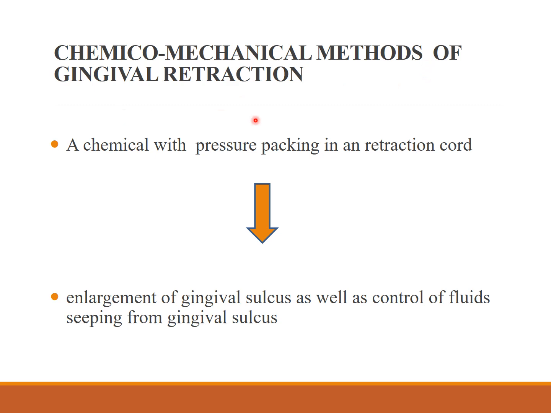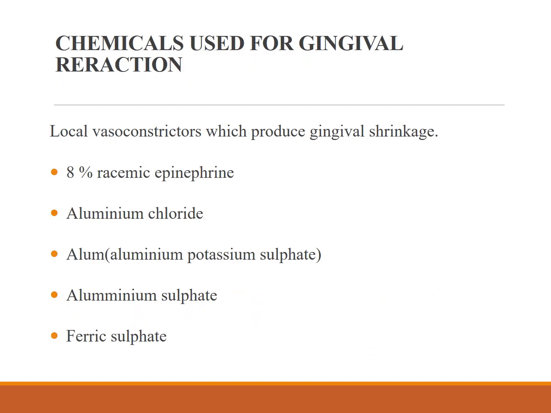Chemical-mechanical methods of gingival retraction. So a chemical is used with pressure packing of the retraction cord. We dip the cord into a chemical. So that is a chemical-mechanical method, which results in enlargement of the gingival sulcus as well as control of fluid seeping from the gingival sulcus. The chemicals basically used are local vasoconstrictors, which shrink the gingival tissues a little bit.